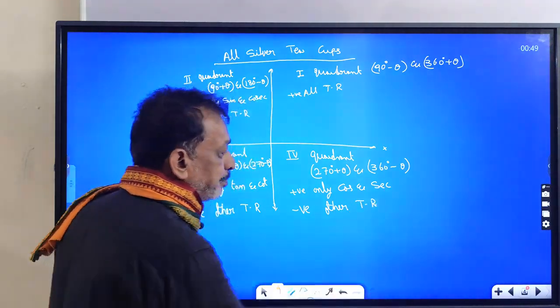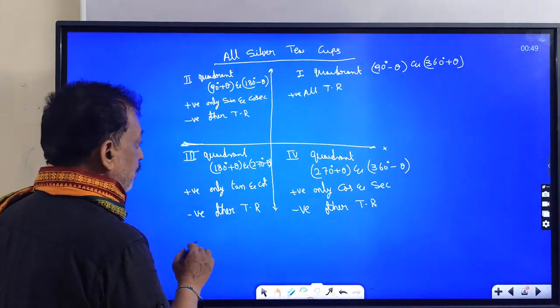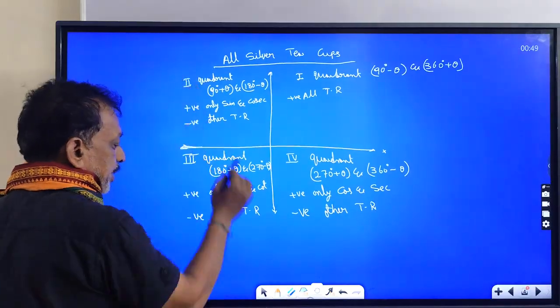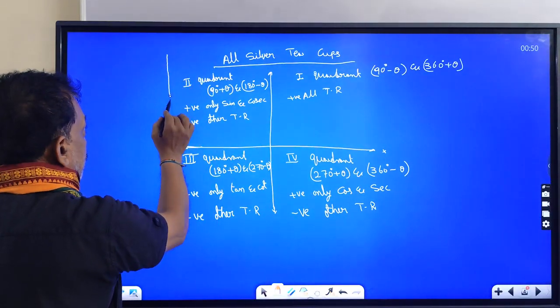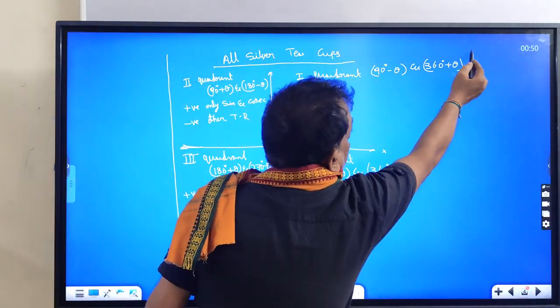Okay, all of you understand this one. Now this is the All Silver Tea Cups table, the All Silver Tea Cups ratios.